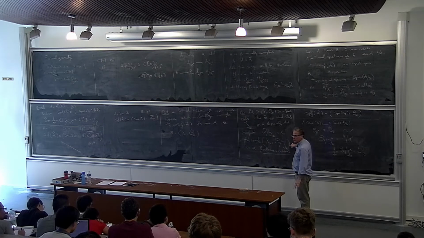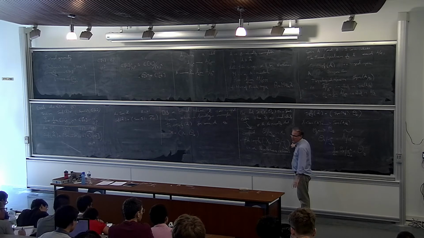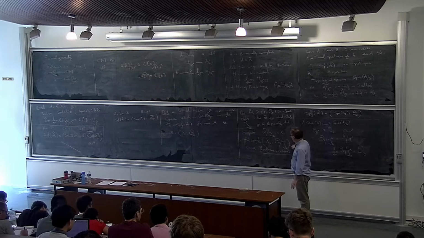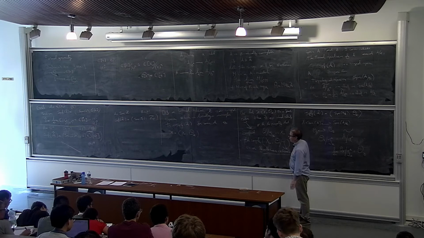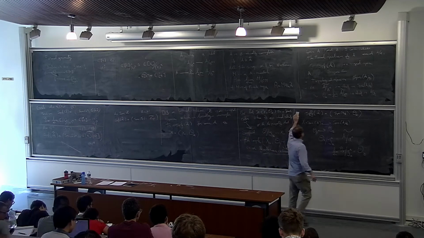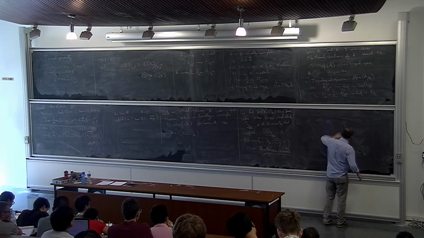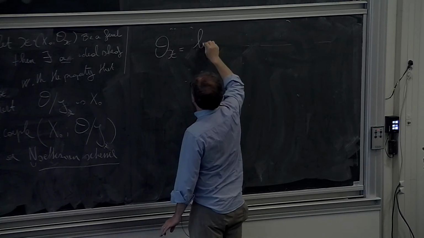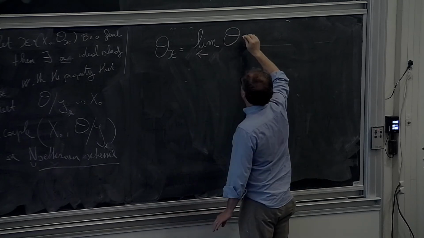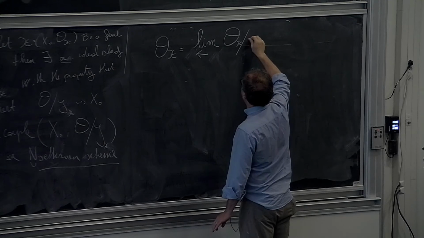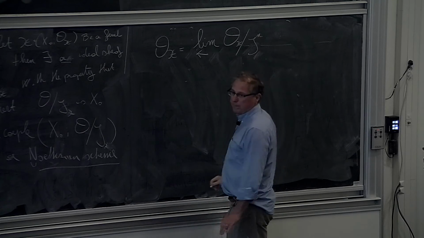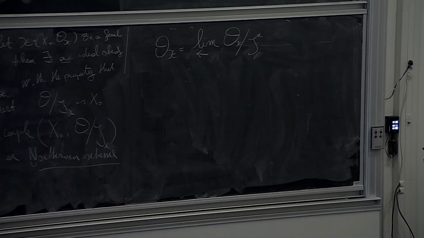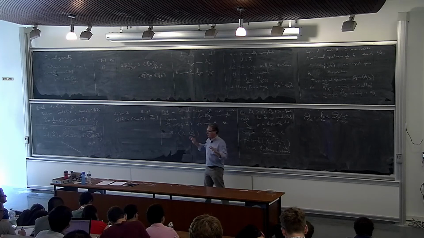So you see, you can construct an underlying scheme of your formal scheme, and you will prove that exactly OX will be the limit of OX divided by the powers of the ideal, which is called the Artin-Rees lemma. Anyway, it is a way of saying exactly what you remarked.